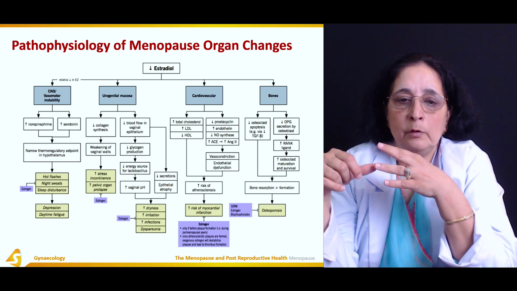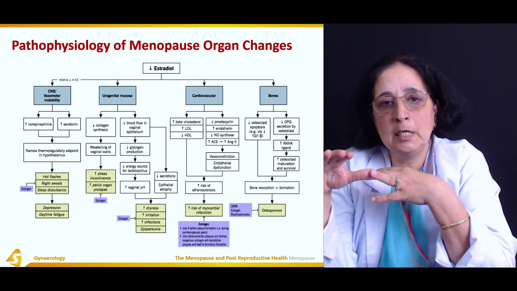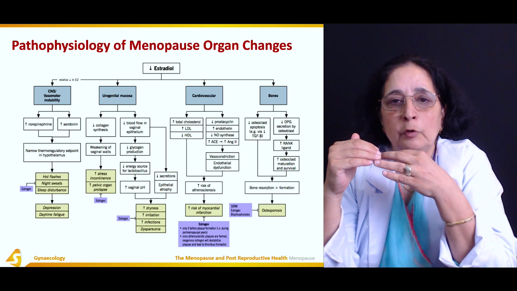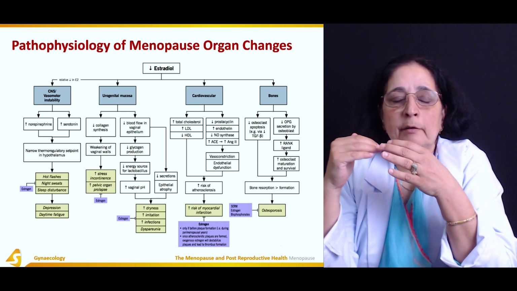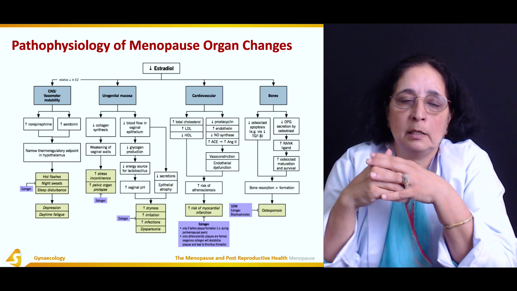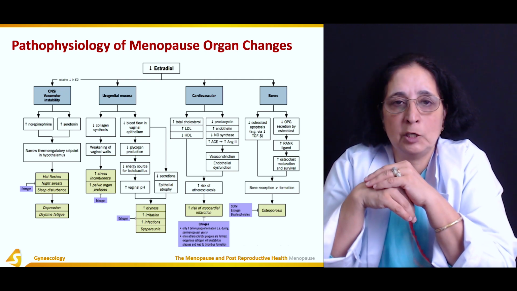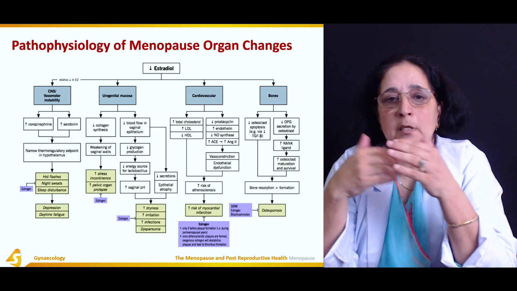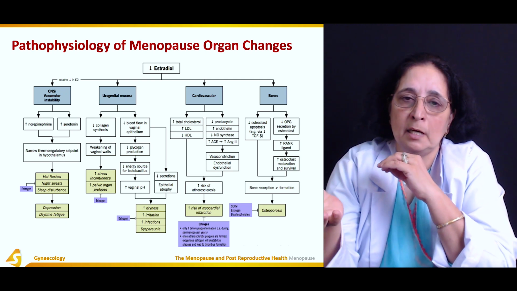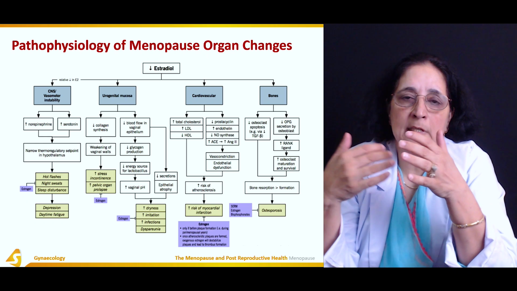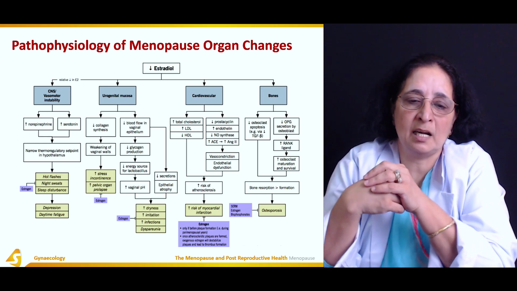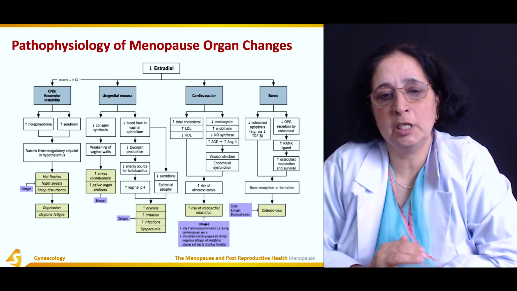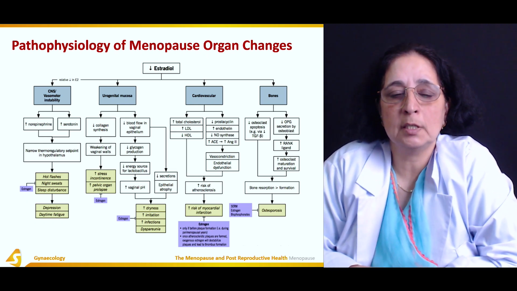The increase in these affects the thermal set point in the hypothalamus, and that leads to hot flushes, night sweats and sleep disturbance. And once the sleep is disturbed, usually the next day the patient feels very tired and there is depression and fatigue. So these are the changes in the vasomotor system.